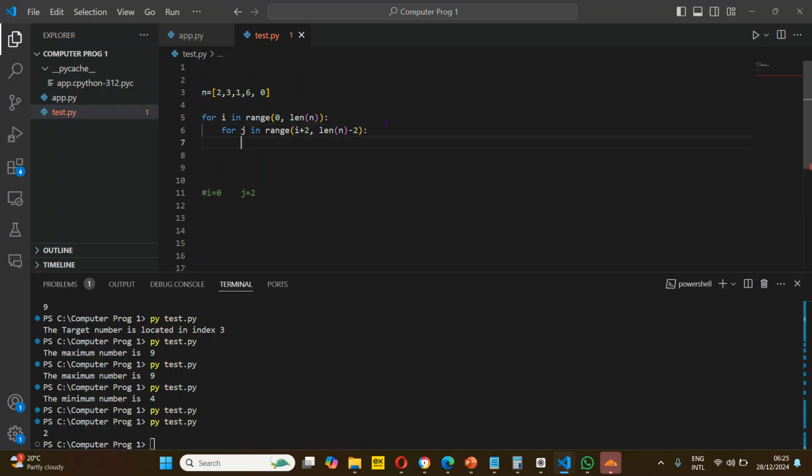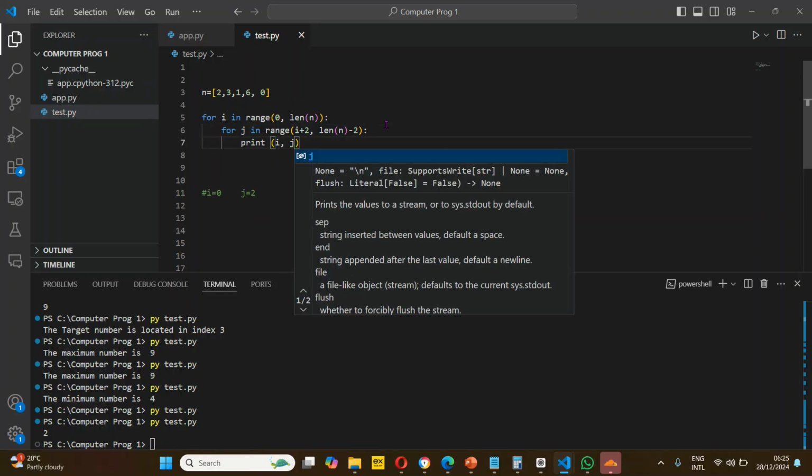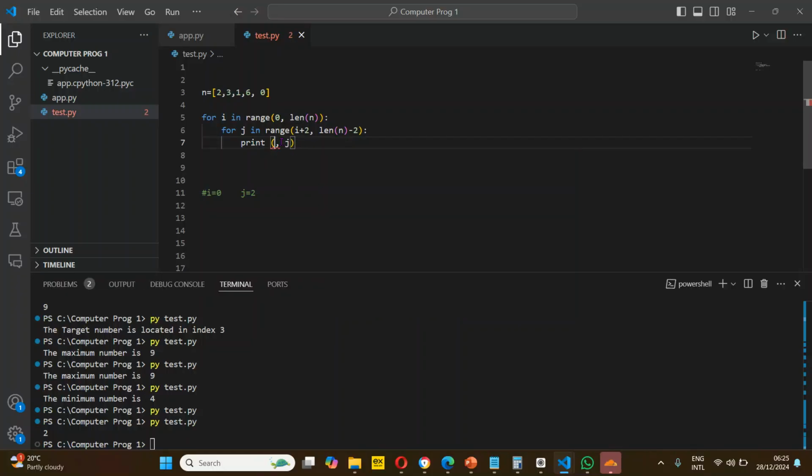So let's find out. If I say print i and j, let me do it very well. Print when i is this, then our j is this.